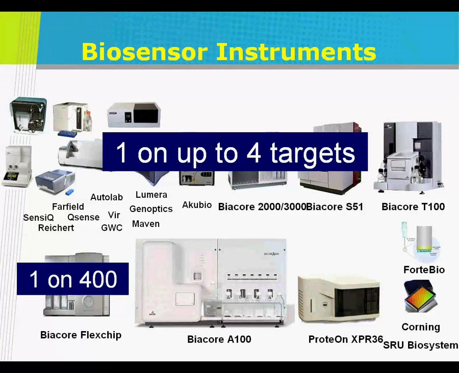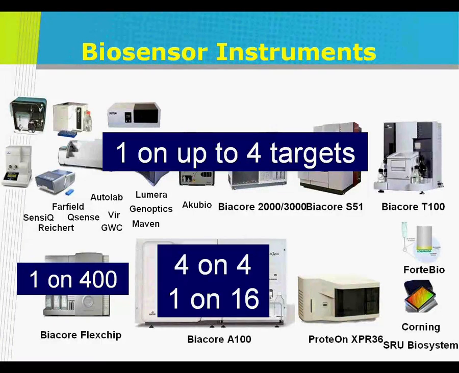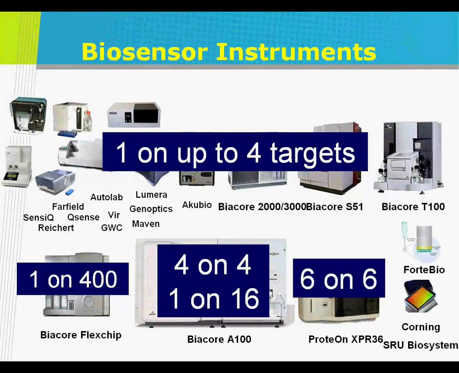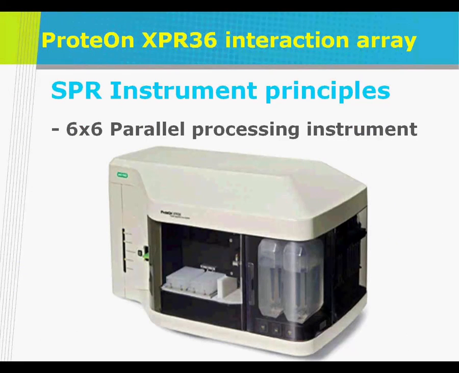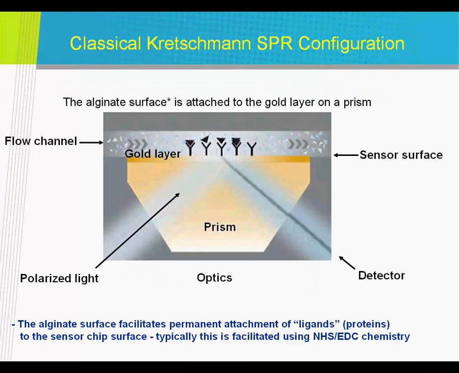The SPR phenomenon was discovered probably in the late 18th century, but it's been adapted into these instruments probably in the late 80s, early 90s. The concept is that if you shine a polarized light onto a gold chip at such an angle that you get a total internal reflection, some of the photons hitting the gold chip will not be totally reflected, and in fact they turn into plasmons that propagate along the surface of the gold.